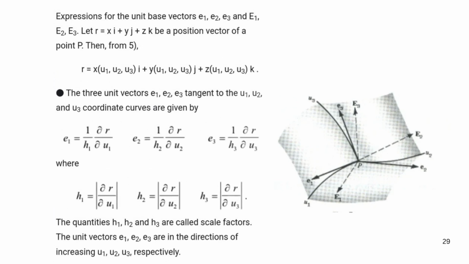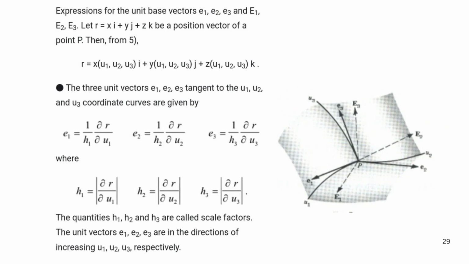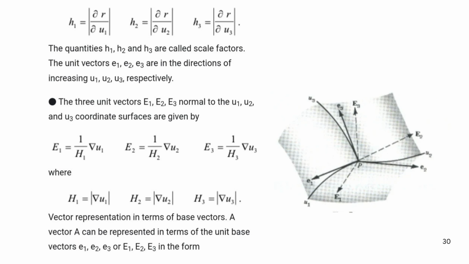Now, let's learn some terms that will help us to understand future concepts more easily. In the diagram, small e1, small e2, and small e3 are the unit vectors along the axes. Once we identify these unit vectors, we can define another system of unit vectors called capital E1 cap, capital E2 cap, and capital E3 cap. Here's how they are defined.